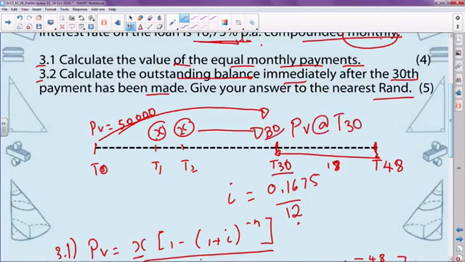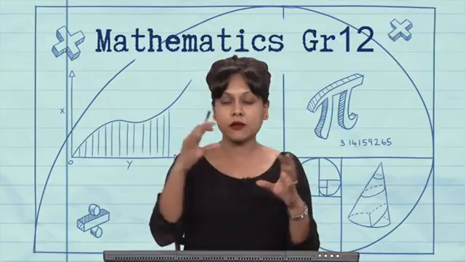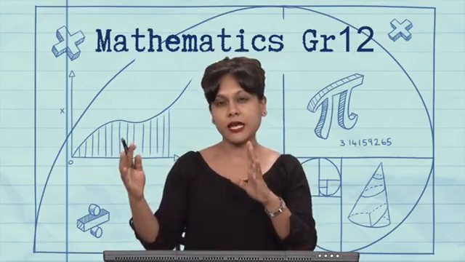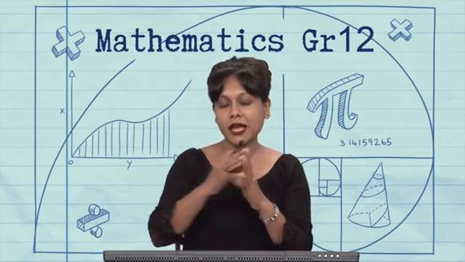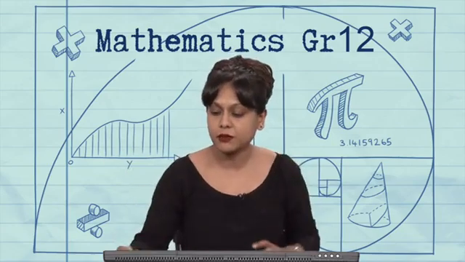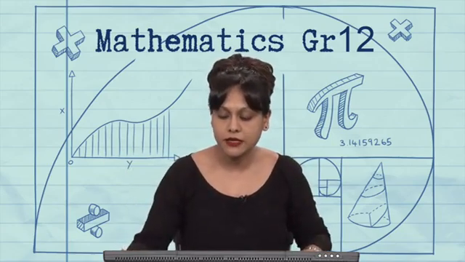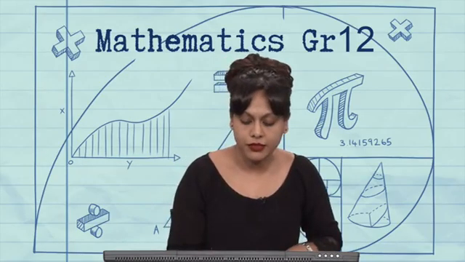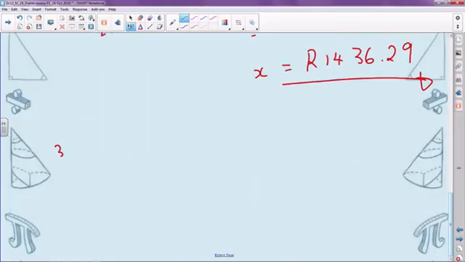If we're going from 30 to 48, we're looking at 18 payments that need to be made there. So present value at time 30 will give us the balance outstanding.